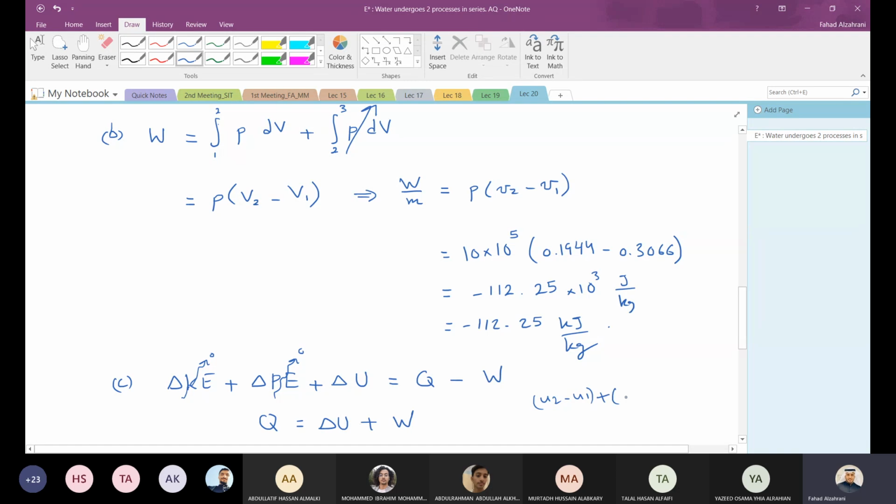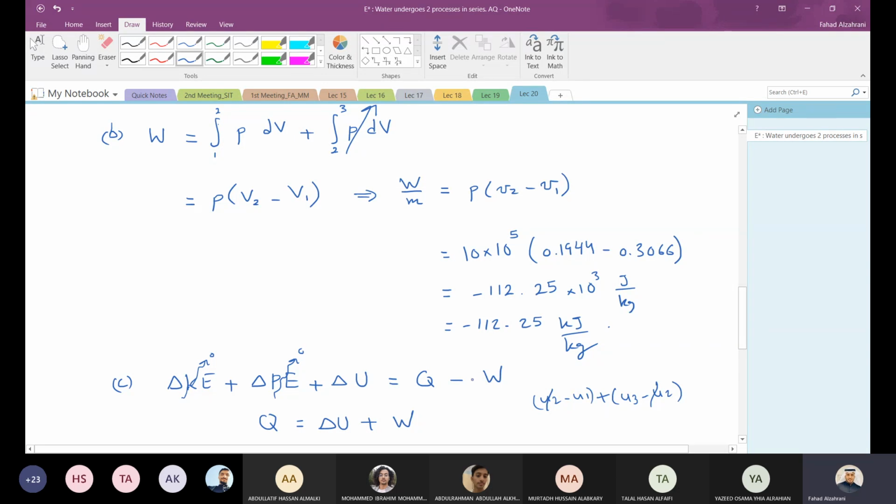Plus U3 minus U2. فلو تلاحظون عندي هنا plus U2 وهنا في minus U2, so it will cancel. So for the change يا شباب, if you have multiple processes, it doesn't matter the in-between state. So you take the final state minus always the initial state. This is for the change in internal energy.